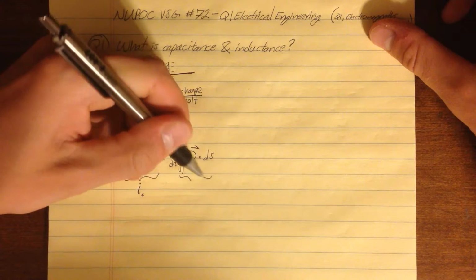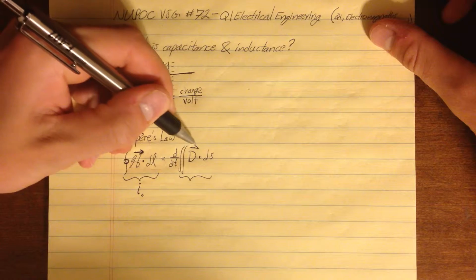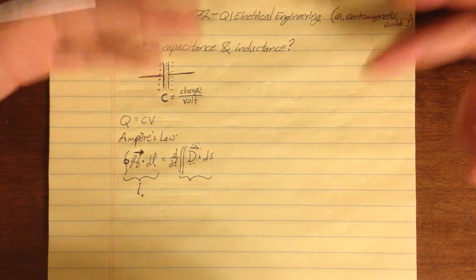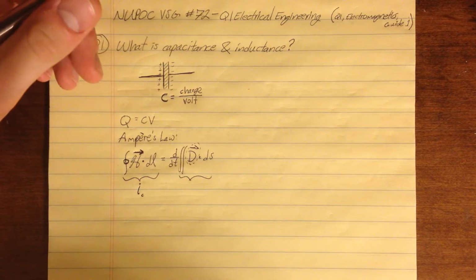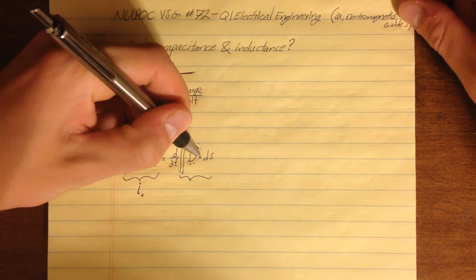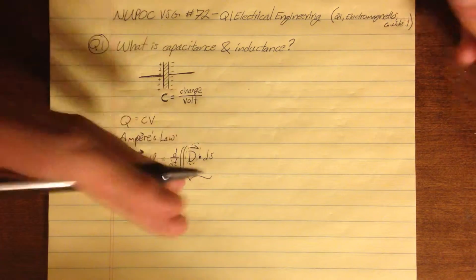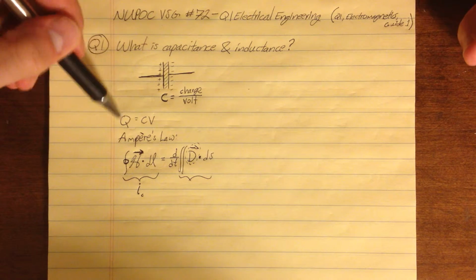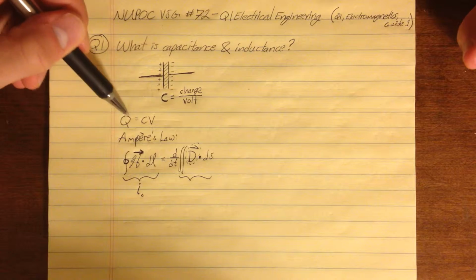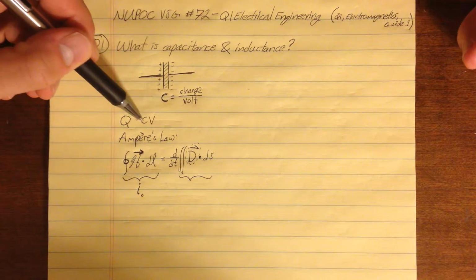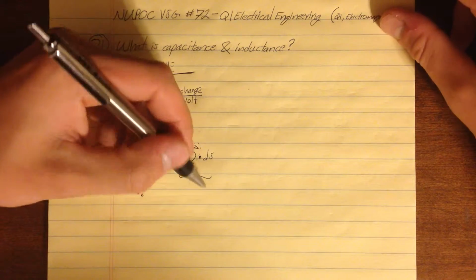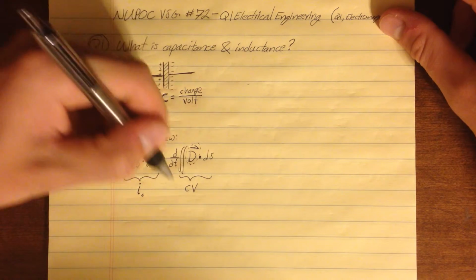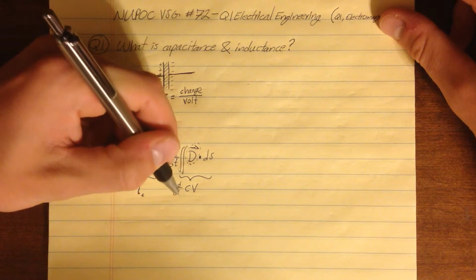The electric flux density D is in coulombs per square meter, and again we integrate it over a surface, so we end up with coulombs. But we know from this equation that coulombs, or charge, equals capacitance times voltage, so this is really just CV, and of course we have the time derivative.